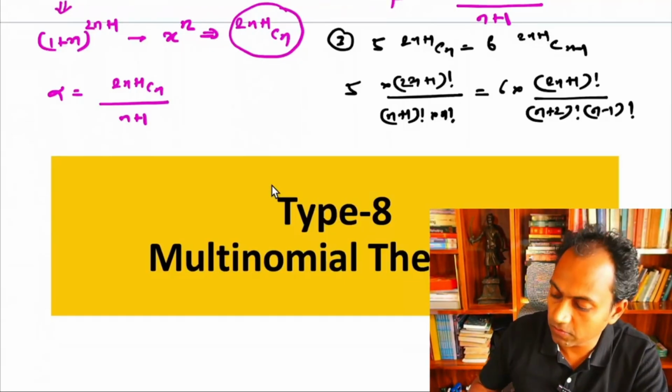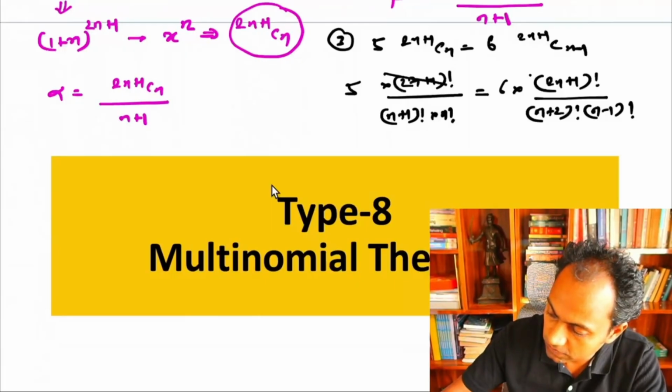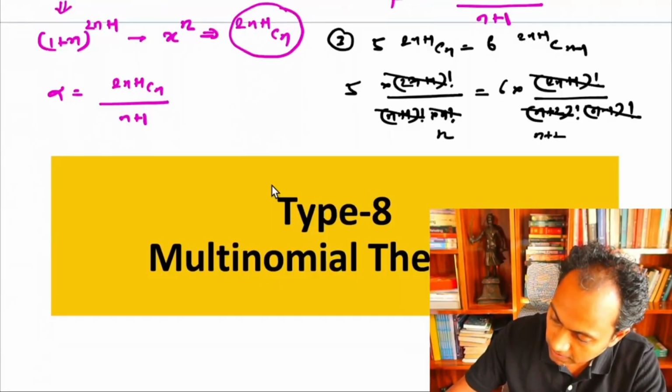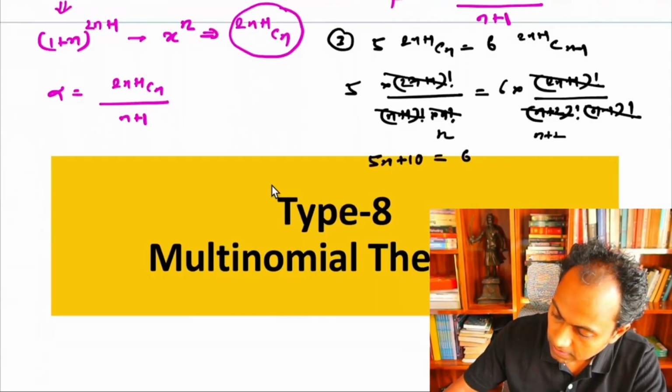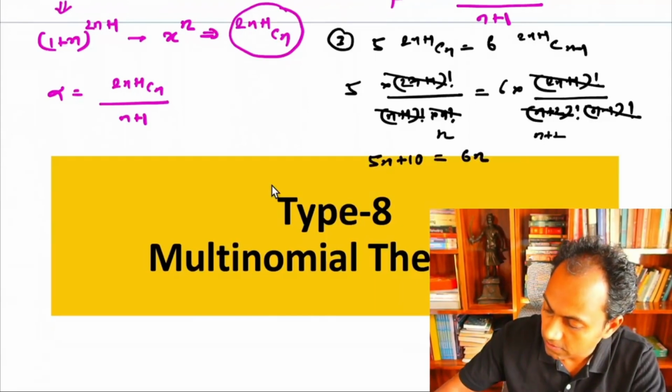If I simplify, these factorial notations will get cancelled out. This will become n+2, this will become n. So what we have is nothing but 5n+10 is equal to 6n, or the value of n comes out to be 10.